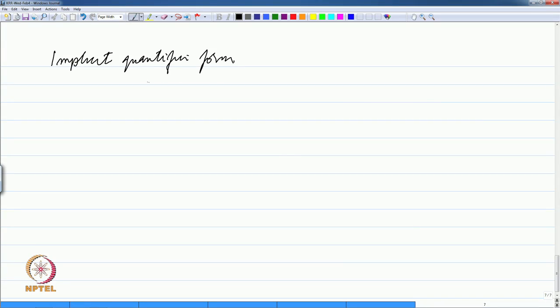So, what we will do is take a universally quantified variable, let us call it x, and replace it with a distinct form which will make us remember that it is universally quantified.